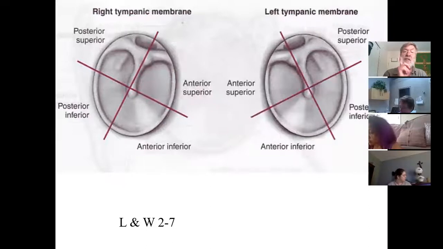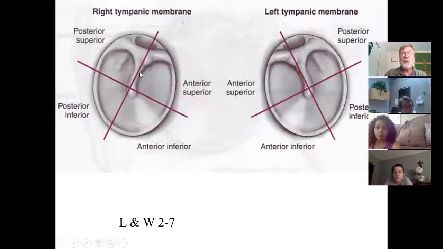The next thing you need to look at in your eardrum is this centerpiece here. The very center is called the umbo, U-M-B-O, okay? Umbo. That's the very dead center of your eardrum. Now, you'll see this teardrop shape thing here.